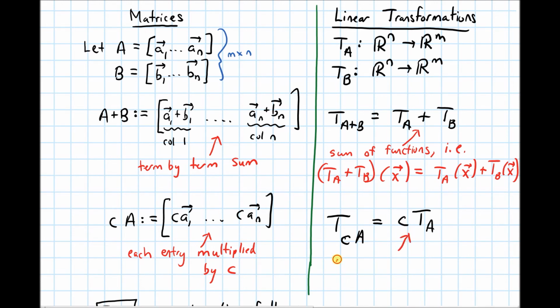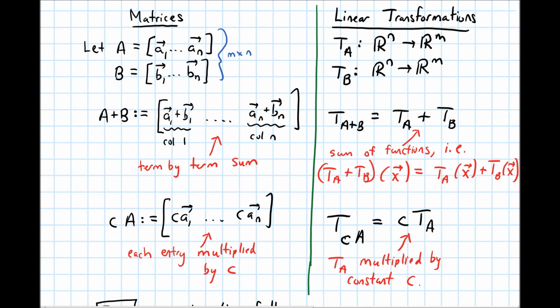So this is T of A, the transformation associated to A, multiplied by the constant c. On the right-hand side, we're just writing down some properties of functions. On the left-hand side, we're looking at what this looks like in terms of matrices. So we've written down a formula to add two matrices, and a formula to multiply a matrix by a constant.